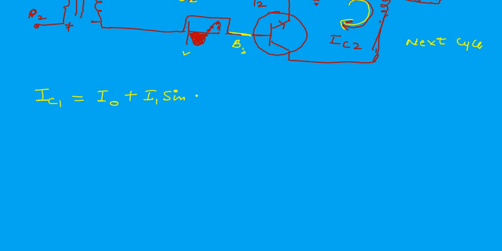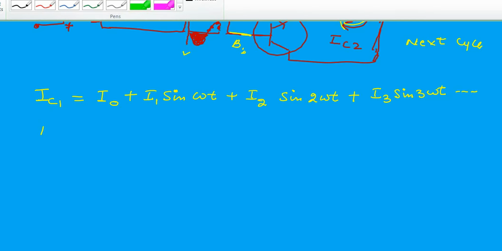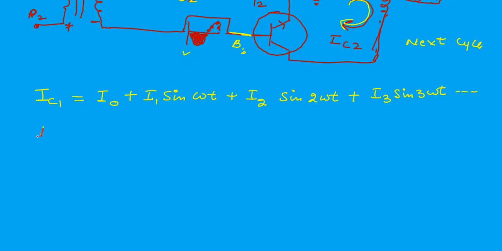So let us write IC1. It is the sum of the DC current plus the AC currents with the harmonics, like 2 omega, 3 omega. They are the harmonics, mixed in the signals. For its complete explanation, you can go to my previous video, Harmonic Distortions.